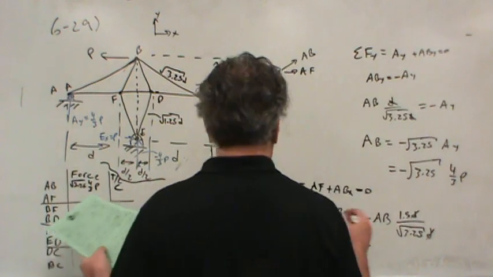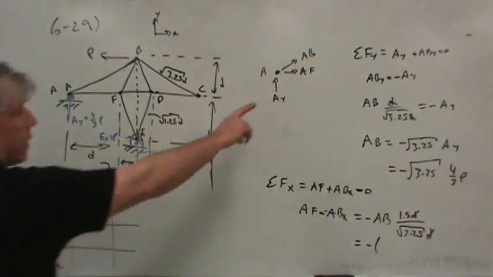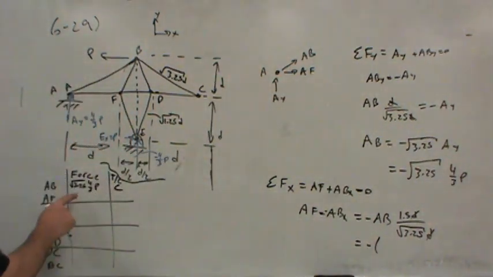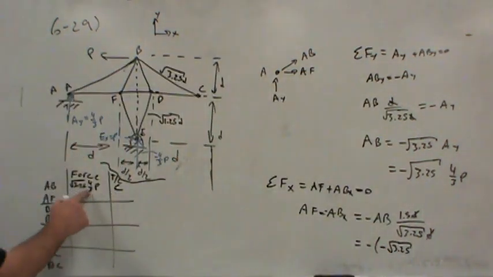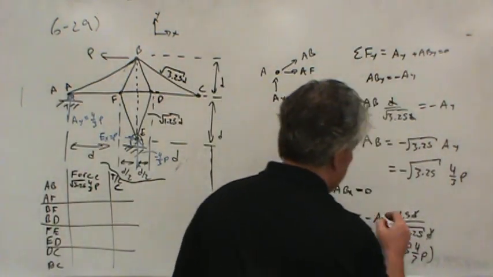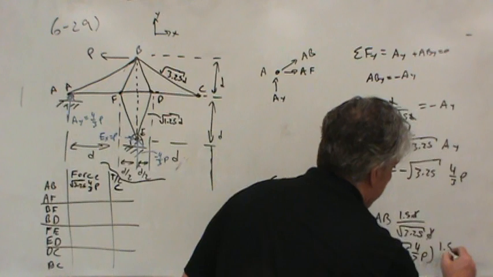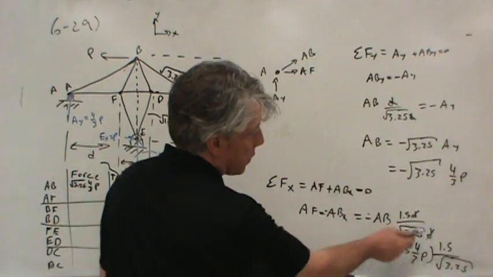Now AB is itself a negative thing. Remember, it is compressive, and again, I've drawn a tensile as usual. So I need to make this negative root 3.25. Notice this comes from here, 4/3 P. That takes care of the AB part, times 1.5 over root 3.25. That comes from the second part.